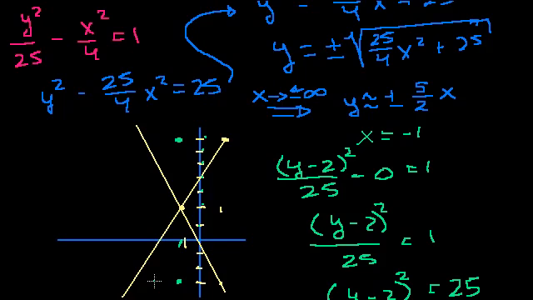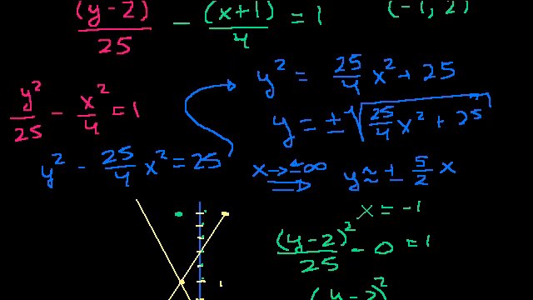So that lets us know, since we're inside here, that this is kind of a vertical hyperbola. Another way to guess it is if you see that the y squared term is positive. The other way to think about it is when you take the positive square root, you're always going to be a little bit above the asymptote.